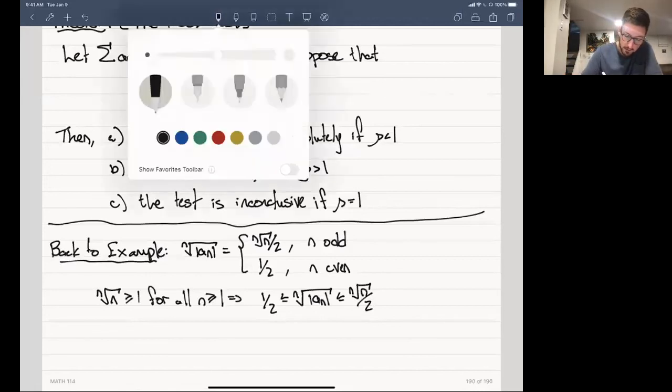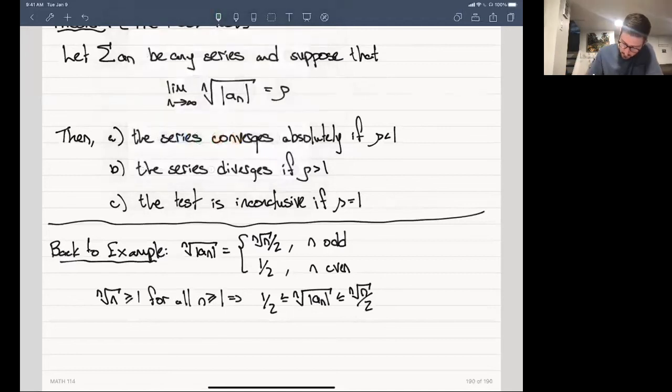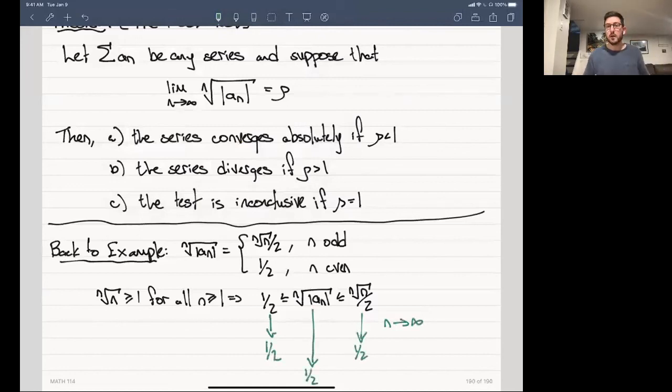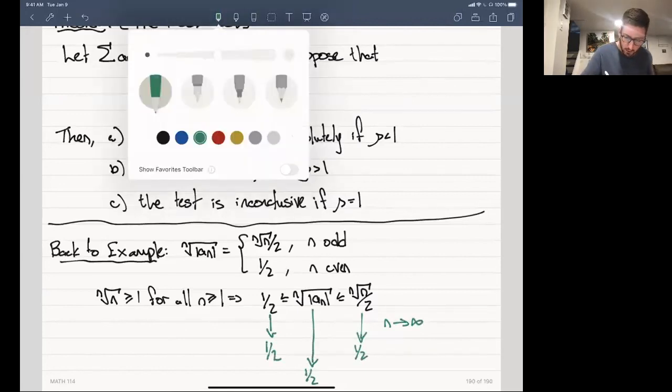But we've already seen that the nth root of n goes to 1 as n goes to infinity. So that means that this converges to 1. It converges to 1/2 as n goes to infinity. Of course, the constant sequence converges to 1/2 as n goes to infinity. And so from the squeeze theorem, this goes to 1/2 as n goes to infinity. And so what does that tell me?